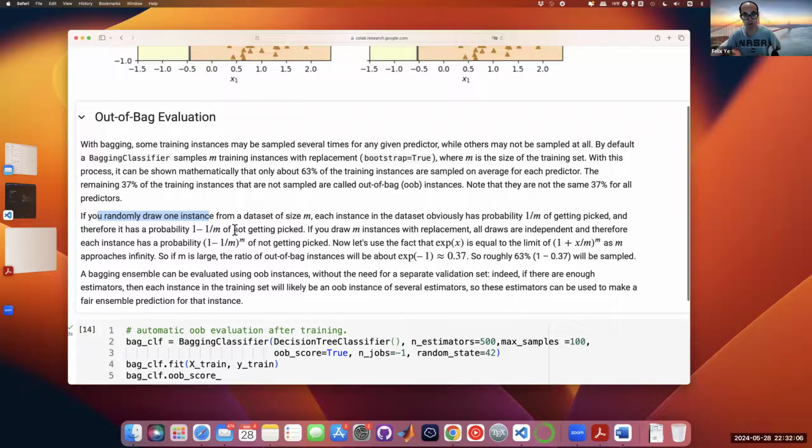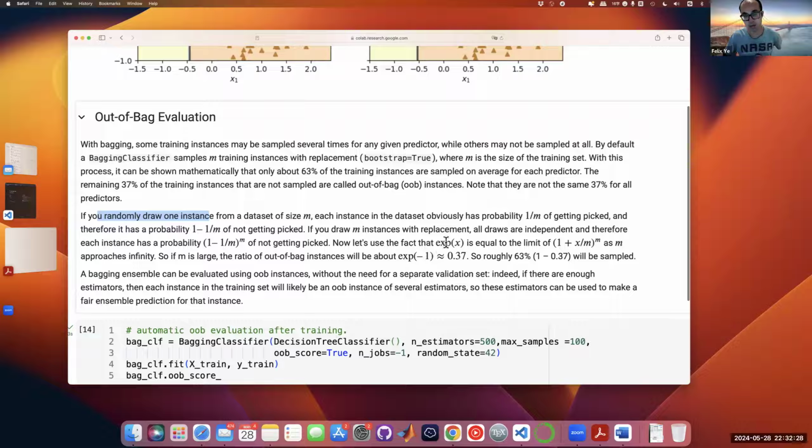So if you look at this closely, it has a limit. If we let m go to infinity, this limit will be exponential of -1.